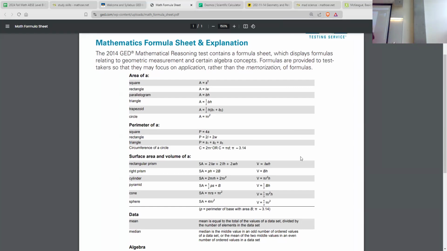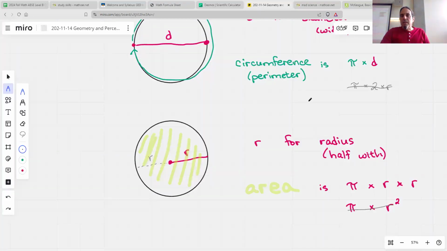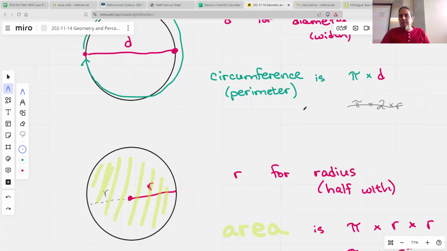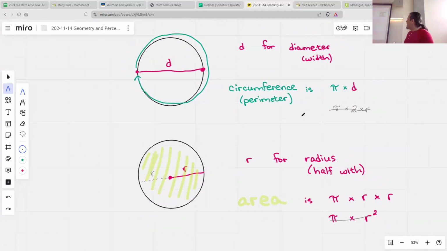You don't have to memorize them. They will give you this paper when you're taking the GED test. Okay, so we have two different formulas now. And let's do some practice problems. Sound good?